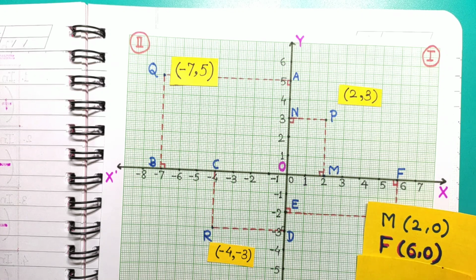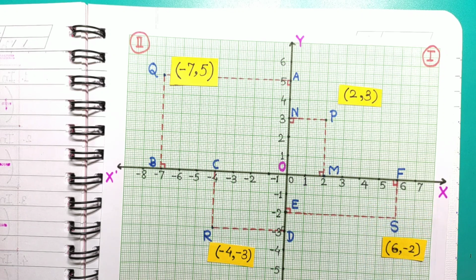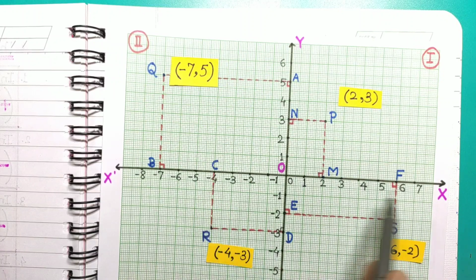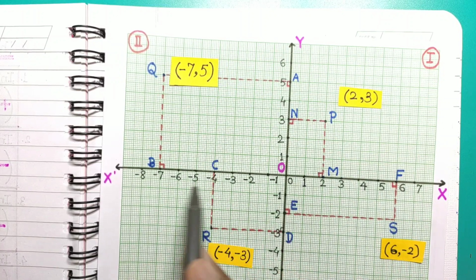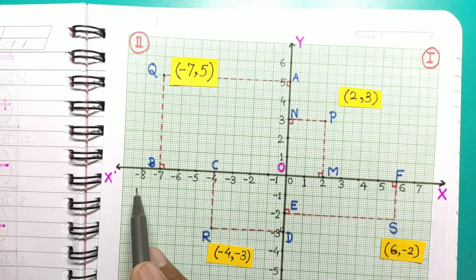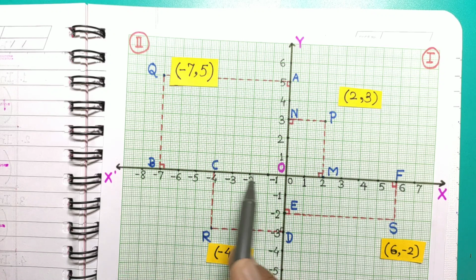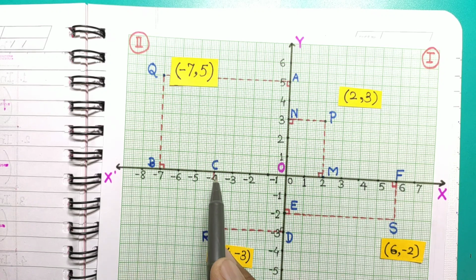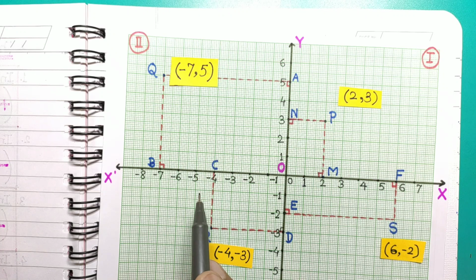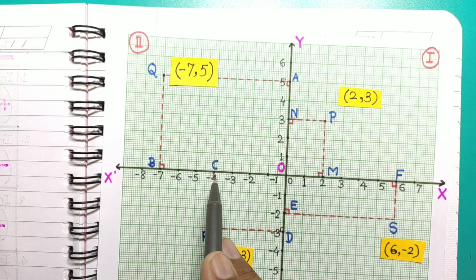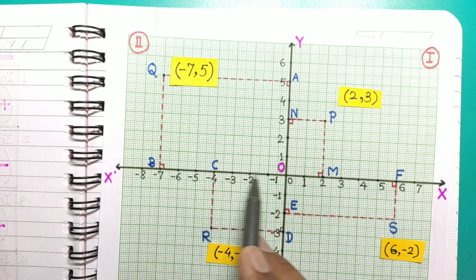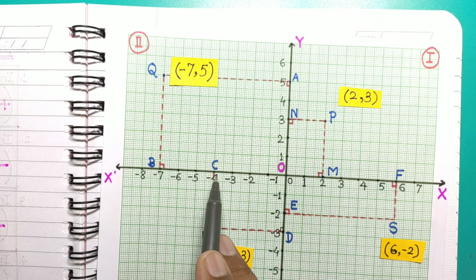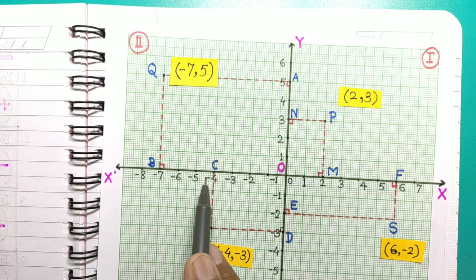Then again we find C on the x-axis. Now it is on the negative x-axis, so its x coordinate has a negative sign. You calculate its distance from the y-axis, which denotes its x coordinate with a negative sign.